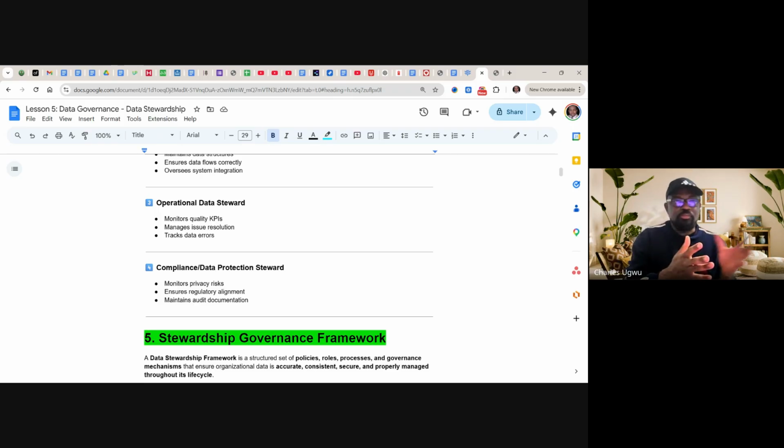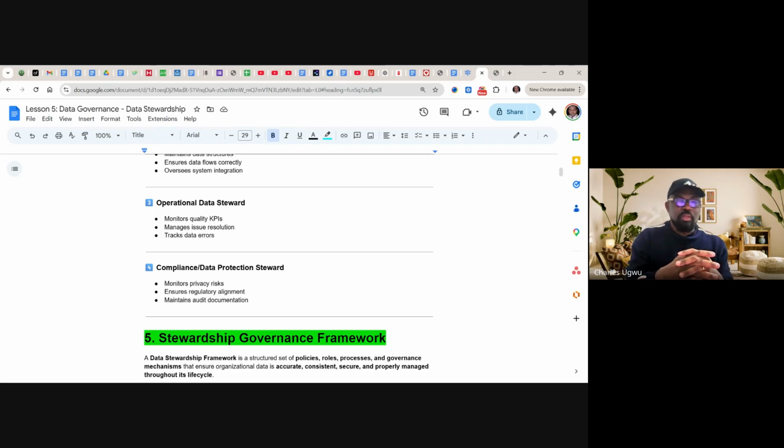We talk about breaches by some top banks like Monzo and even Facebook, where the fines were running into millions. So we'll talk about breaches and make sure that we don't find ourselves in such a situation. Who does that is the data compliance and protection steward.